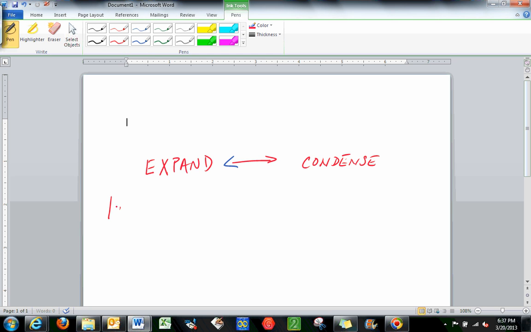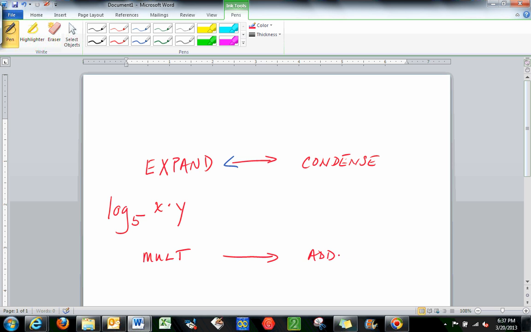So let's say I take log, and we'll just use base 5 as a good example, and then we'll say x times y. Now we know that we don't have to write the little dot in there, but it just helps to prove the point. So this is multiplication. So we're going to take the multiplication and expand it to addition.